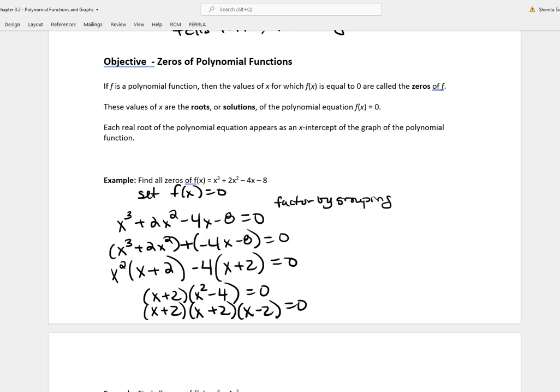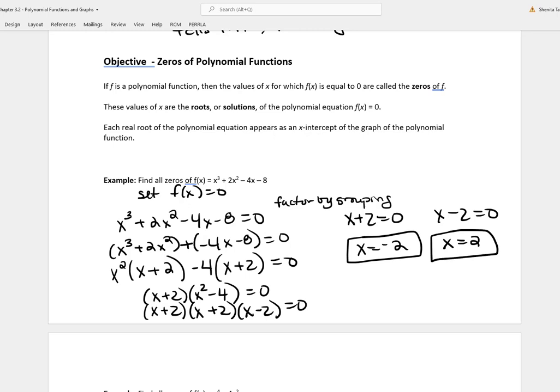As you can see, you have x plus 2 twice, so you only need to solve it once. So you can set x plus 2 equal to 0 and x minus 2 equal to 0. This is negative 2, this is positive 2. So when it asks you for your zeros of f, that's when you solve for the x-intercept. So in this case, x is equal to negative 2 and x is equal to 2.